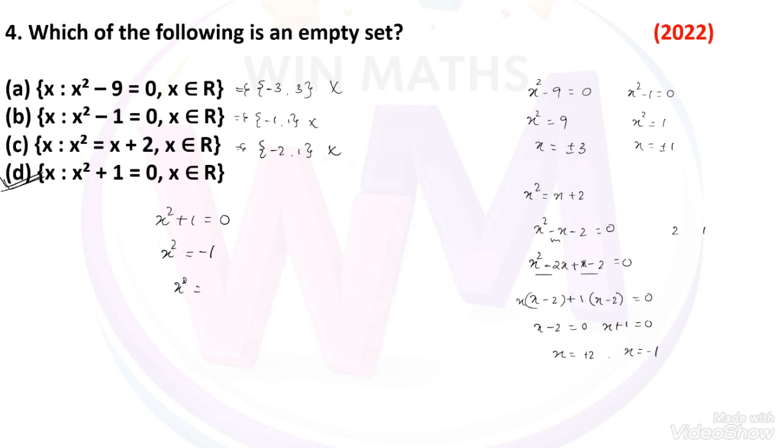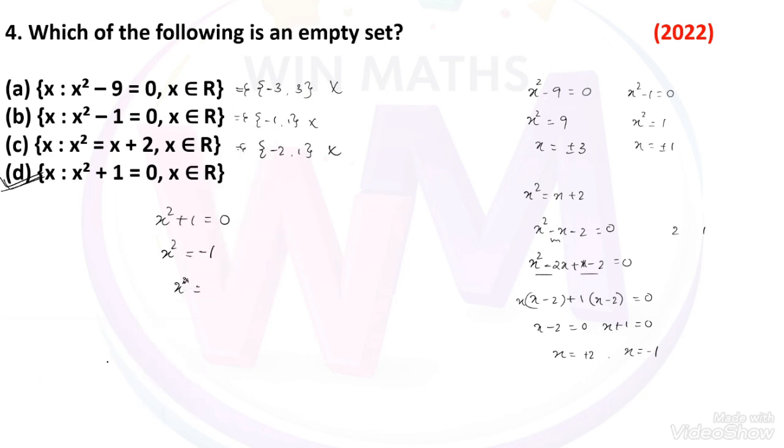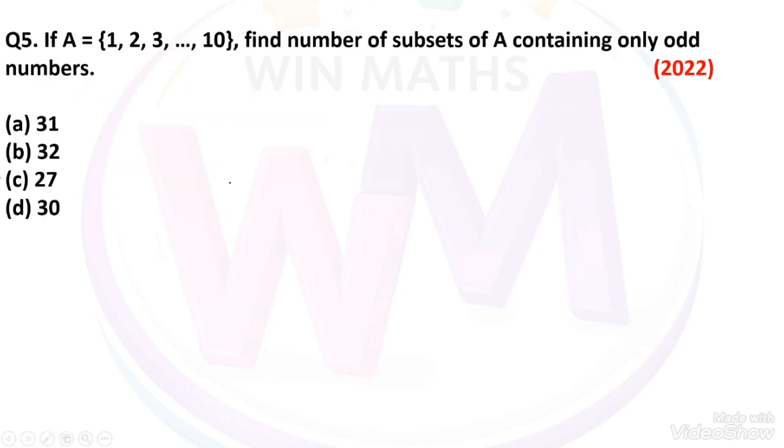Then what about the x value? x is equal to square root of minus 1. It is the value of i. Here x is a real number, but i value is not a real number. This is a complex number. There are no elements present in that set. So the answer is 4.